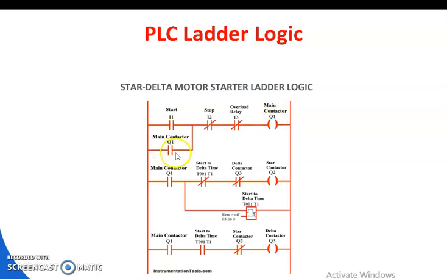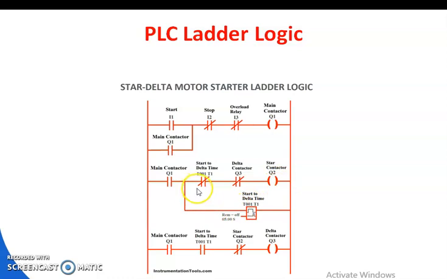This main contactor Q1 is also shunted with the start switch. Then in the second ladder, there is also main contactor Q1, then the star to delta timing T001 T1, delta contactor Q3 and star contactor Q2, which are variable in nature.